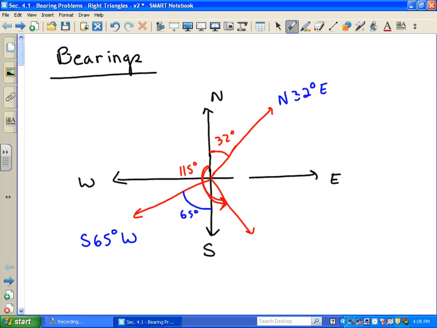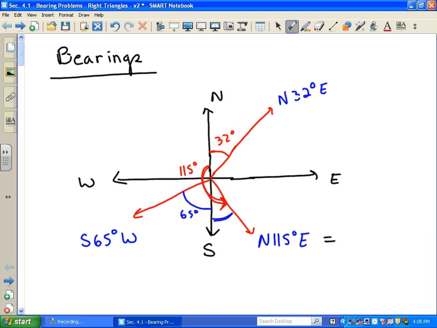All right, and so what we would say here is that this particular bearing is from the north 115 degrees towards the east. Now the problem with that is normally bearings are given so that you have an angle less than 90 degrees in between the two directions. And so what you can do to fix that is measure that bearing from the south line.